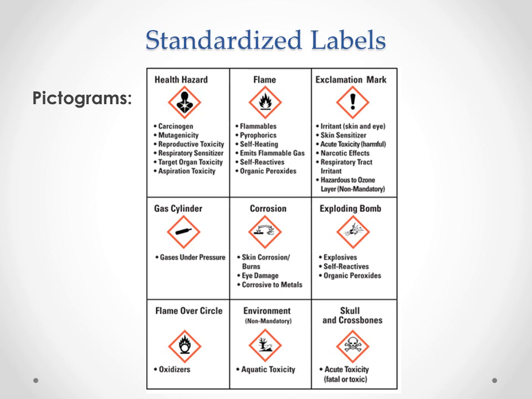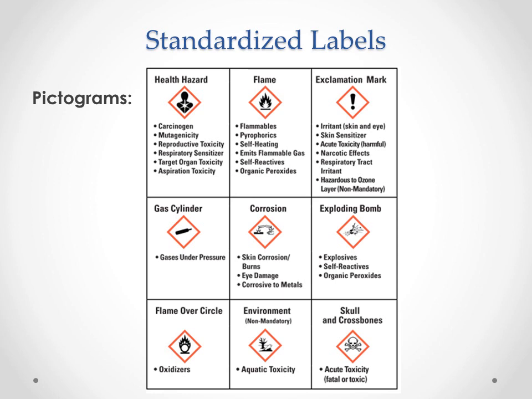This is a more severe health hazard and represents something pretty dangerous to your health: carcinogenic, mutagenicity, reproductive toxicity, respiratory sensitizer. It could be something that's specifically toxic to a particular organ, such as the kidneys or liver. Also aspiration toxicity.